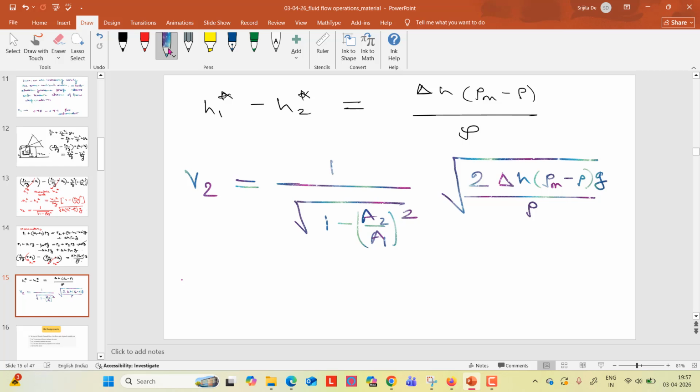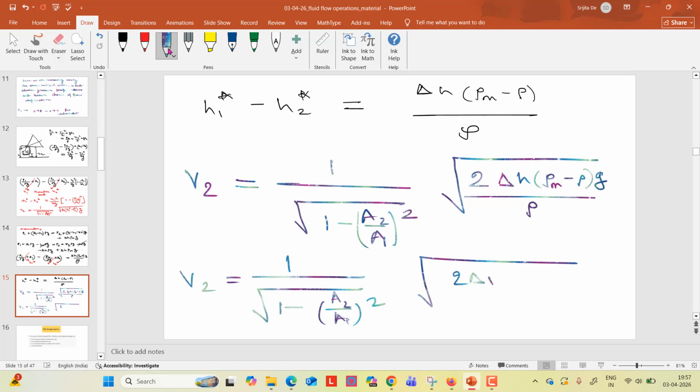So you can write V2 equals 1 by root under 1 minus A2 by A1 square into 2 delta P by rho, and this delta P is defined as delta H rho m minus rho into G. You got the expression, right?